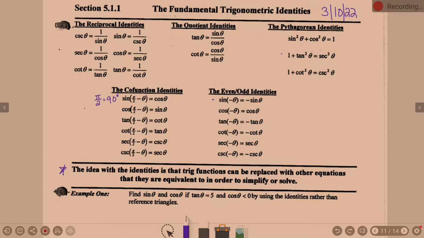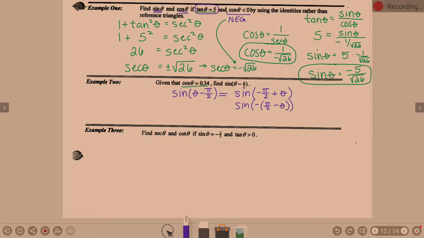If you have a negative inside the sine, when you take that negative out of the variable, it becomes a negative out front. And so we can rewrite this as the negative of sine of pi over 2 minus theta.